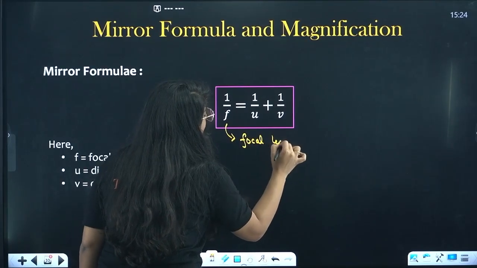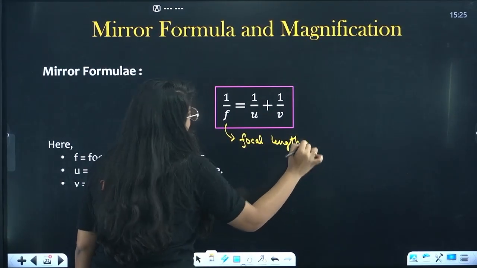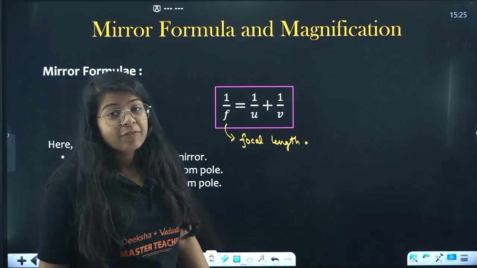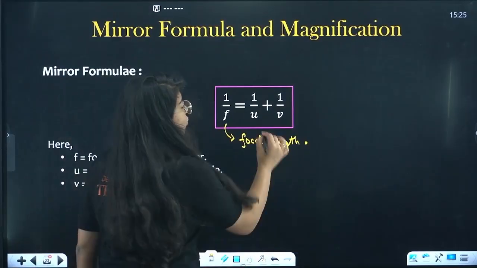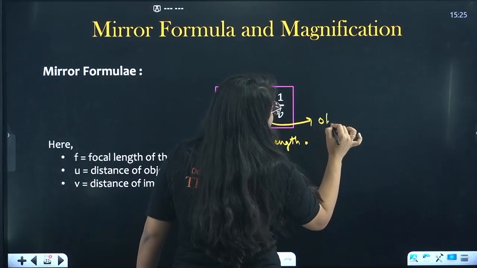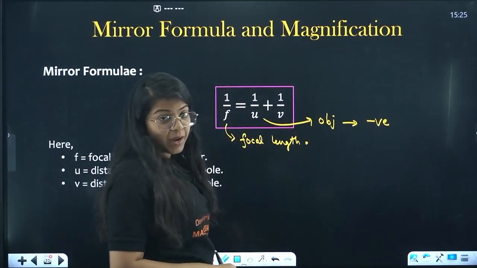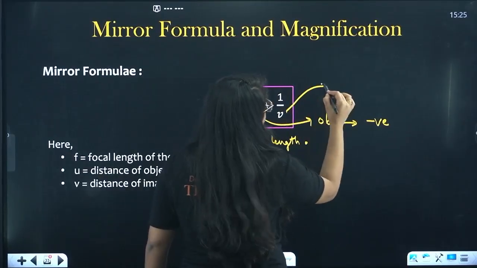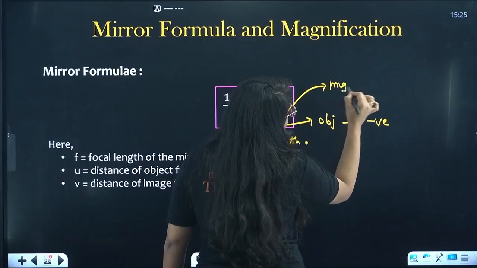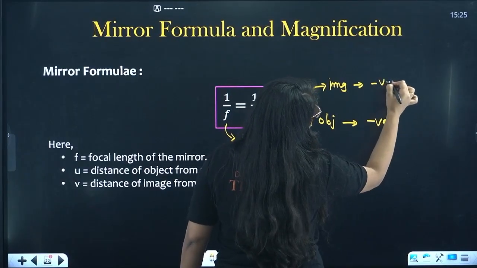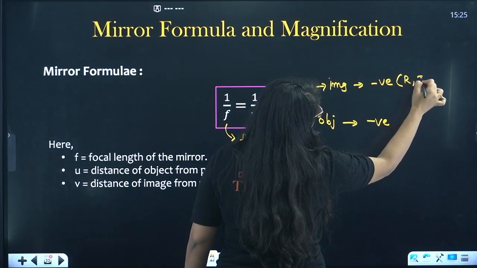Now focal length was positive for convex mirror, negative for concave mirror. U is your object distance, right? Object was always negative, remember? And V is your image distance. Distance was negative for real and inverted.